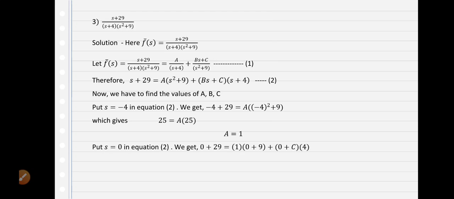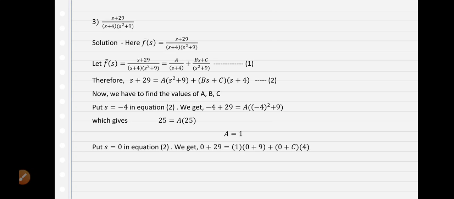So from equation 2, for s equal to 0, we get 0 plus 29 as LHS equal to a equal to 1 already obtained. So 1 into bracket s square means 0 square, 0 plus 9, plus bs, that is b into 0, 0, plus c into s plus 4 means 0 plus 4, that is only 4.